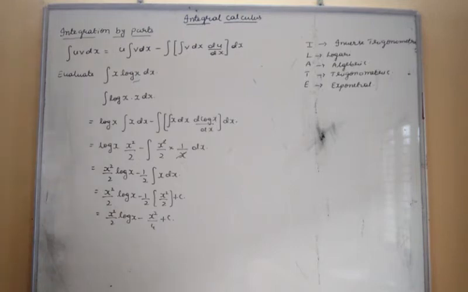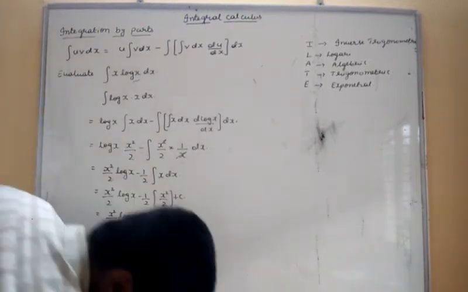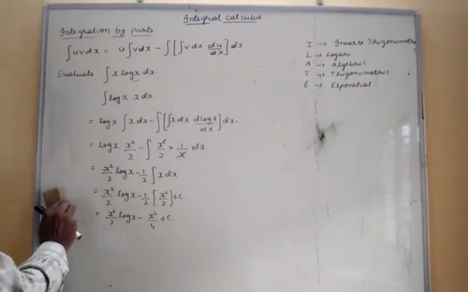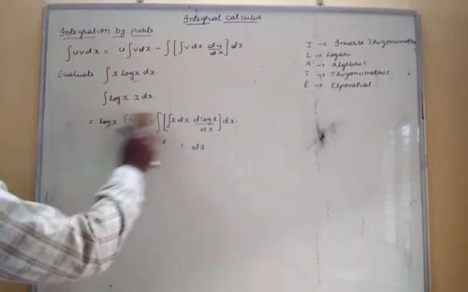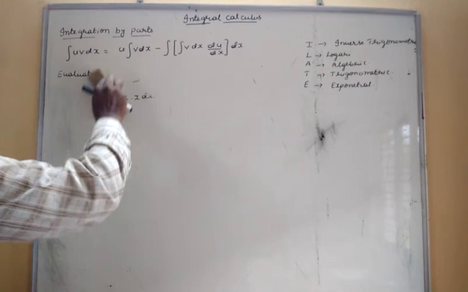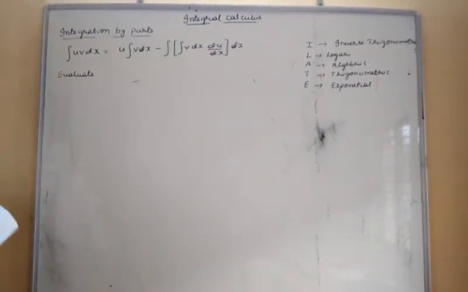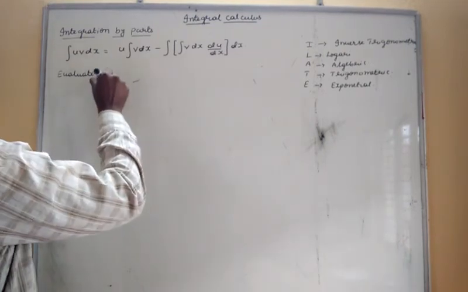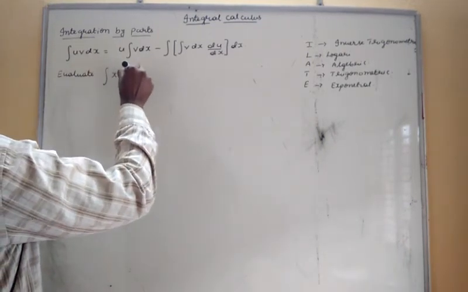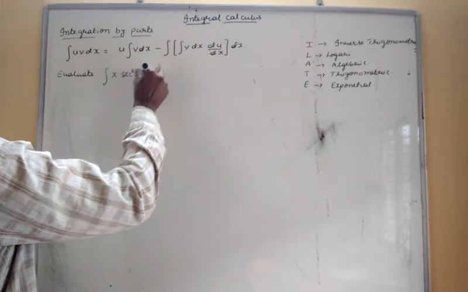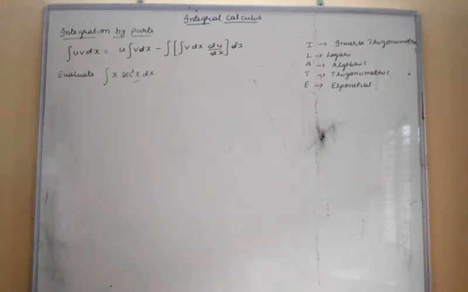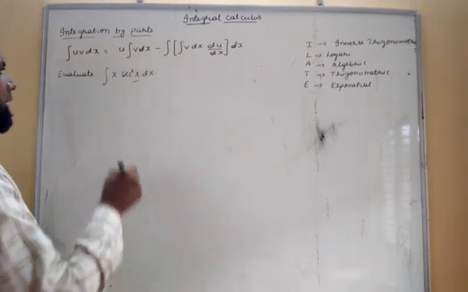Take out the next problem. Integration of x square secant square x. So here we can take x as the first function and secant square x as the second function.